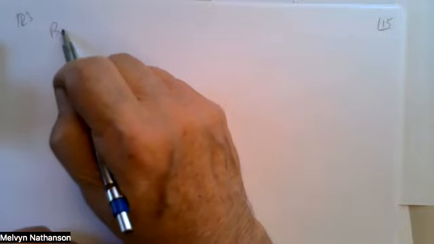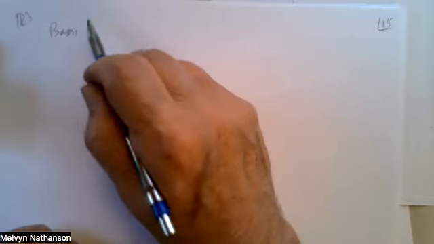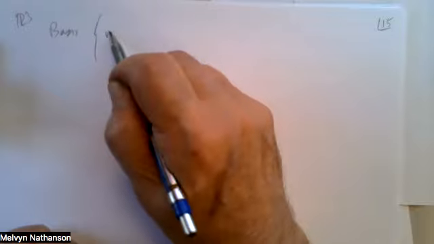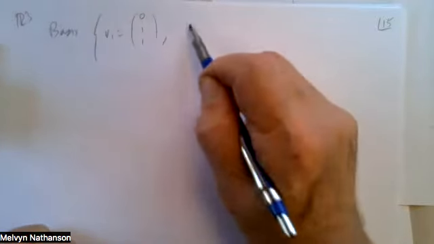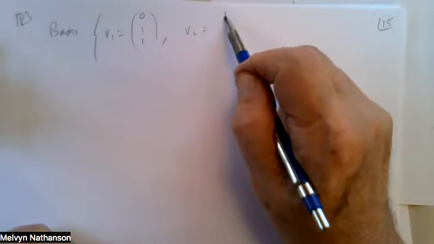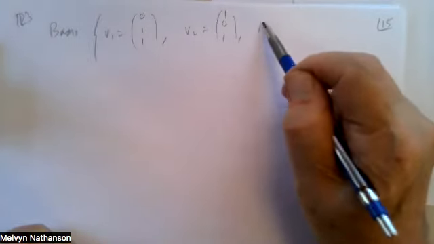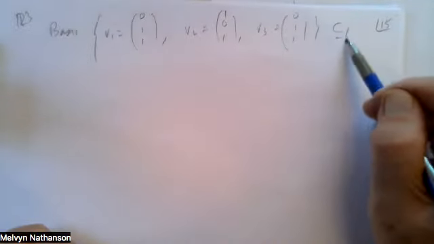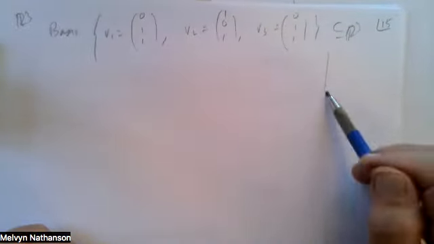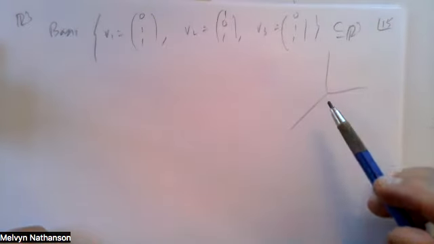I have the basis consisting of 3 vectors. V1 is 0, 1, 1. V2 is 1, 0, 1. And V3 is 0, 1, 1. So these are three vectors in R3.